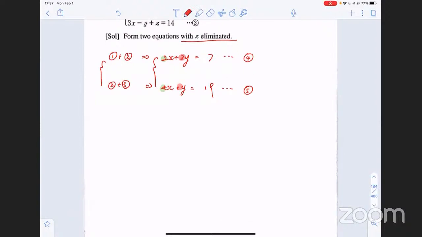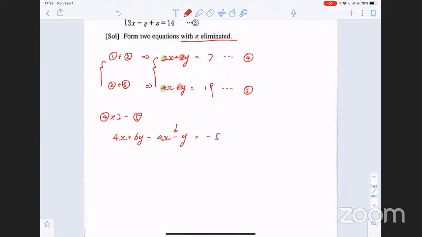If I'm doing that, then I will get 4 times 2, right? Subtract 5. In this case, I will have 4x plus 6y minus 4x minus y. Remember to change the sign here, is equal to negative 12. Oh, sorry. In this case, it's not negative 12 because I multiplied 2 already. So negative 5, right?